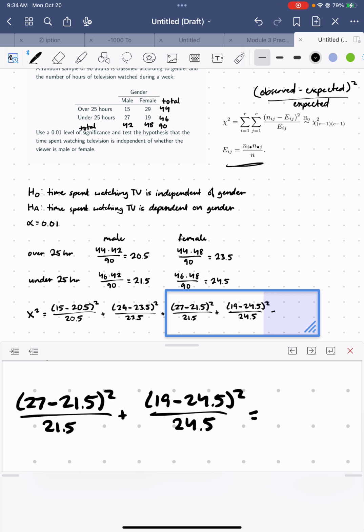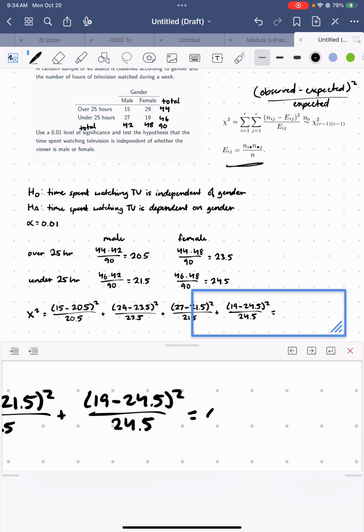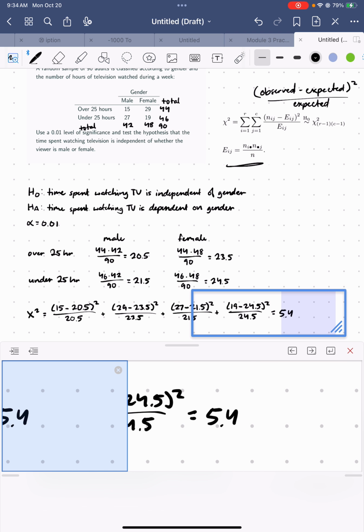And then if we add all of this together, we should get 5.4. And that is our chi-square value.